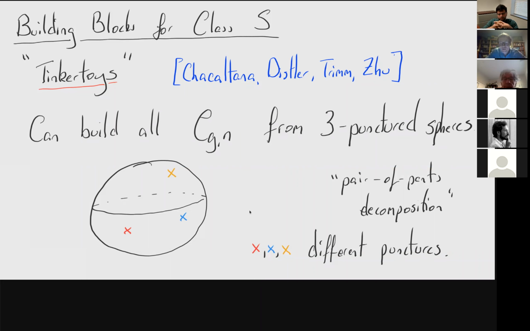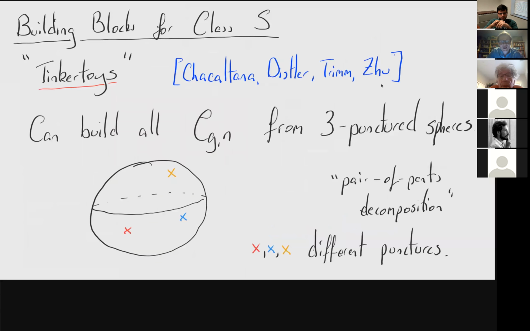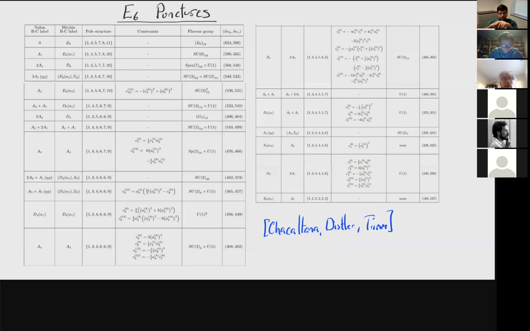Here's just an example that I've taken from one of these papers of the different kinds of punctures that are possible when the 2,0 theory has associated algebra E6. There can be quite a few of these, and of course 3 punctured spheres involve taking 3 of them. So you can see that this set of things can grow pretty large. But these have all been documented in great detail in the sequence of papers that I described here.